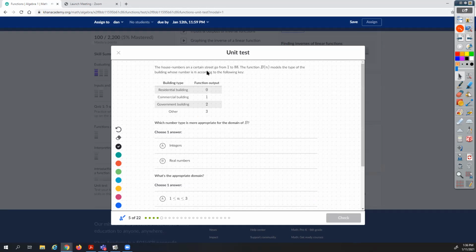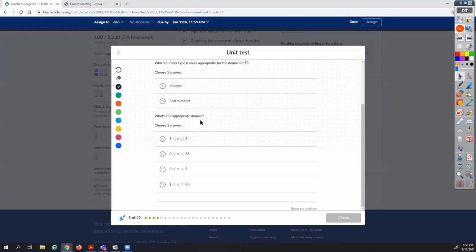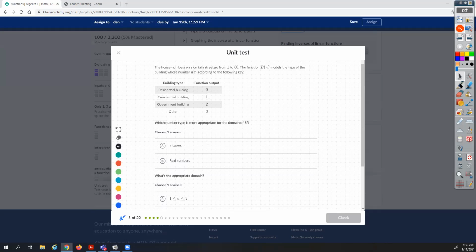All right. The house numbers on a certain street go from 1 to 88. The function b of n models the type of the building whose number is n according to the following key. Which number type is more appropriate in the domain of B? Choose one answer.